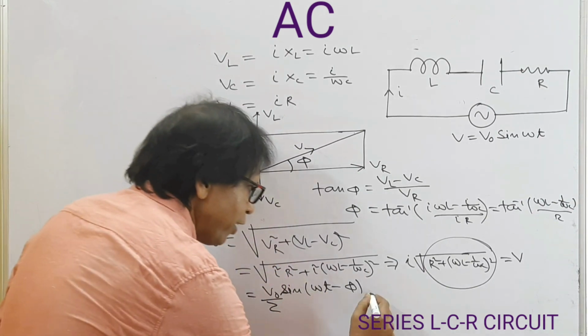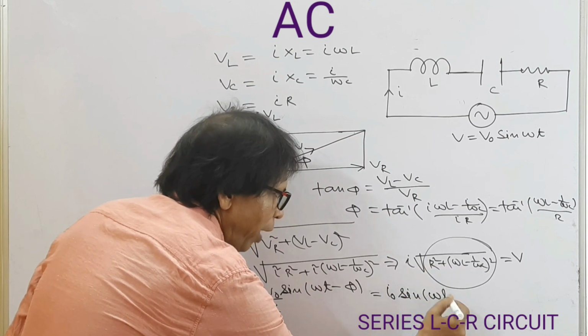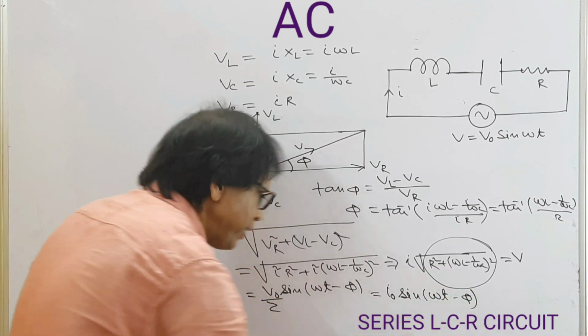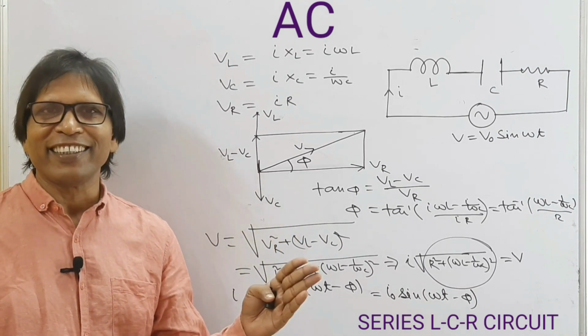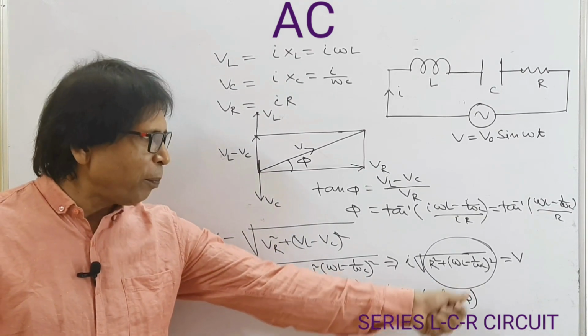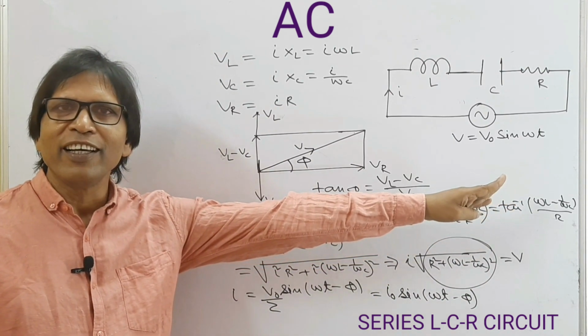Now I naught sine omega t minus phi is the instantaneous current in the LCR series circuit. Okay, where phi is the phase difference, which is tan inverse of this.